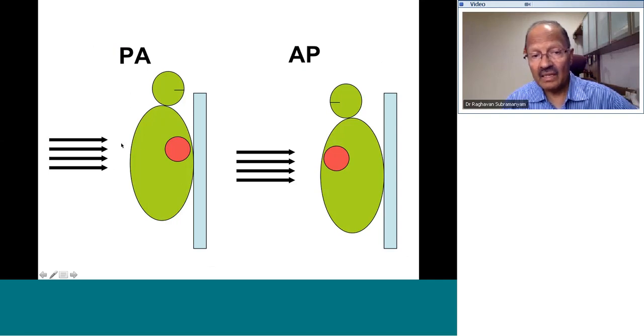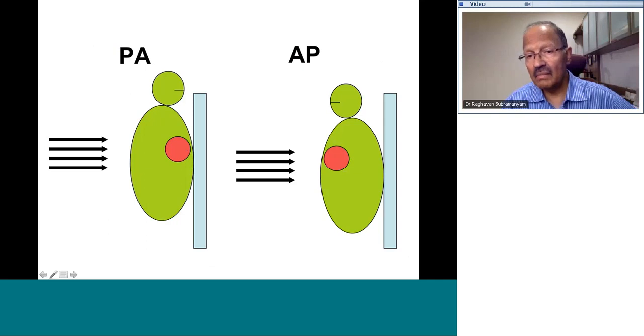The X-ray beam is parallel. As it enters the body, even if there is some divergence, the distance between the heart and the X-ray film is minimal. So the magnification is very minimal in the posterior anterior X-ray. On the other hand, in an anteroposterior X-ray, the heart is closer to the source, away from the X-ray plate.